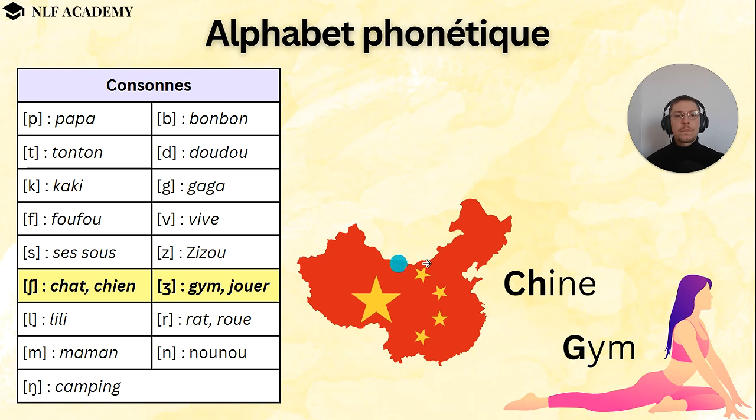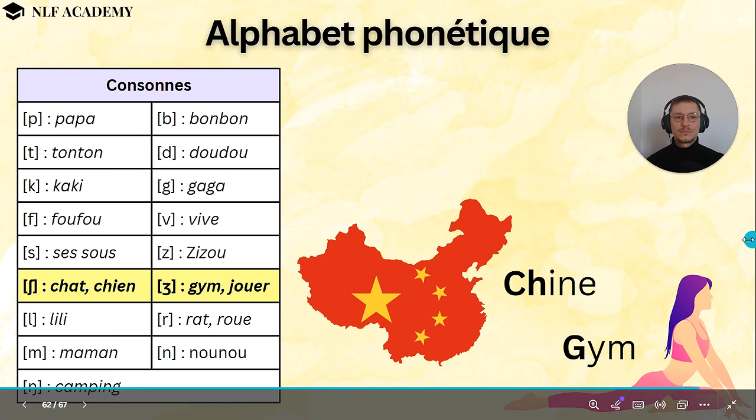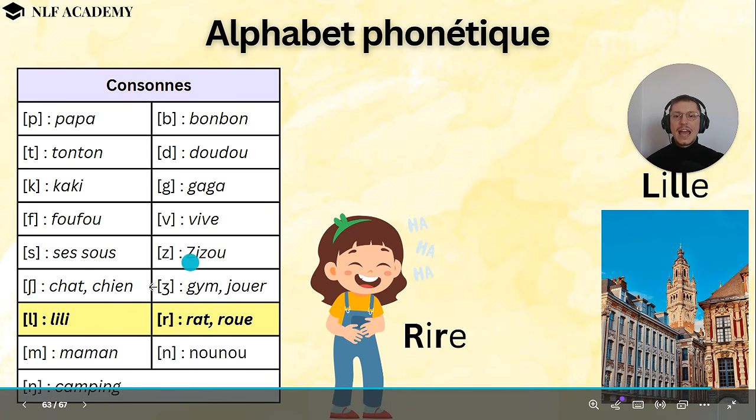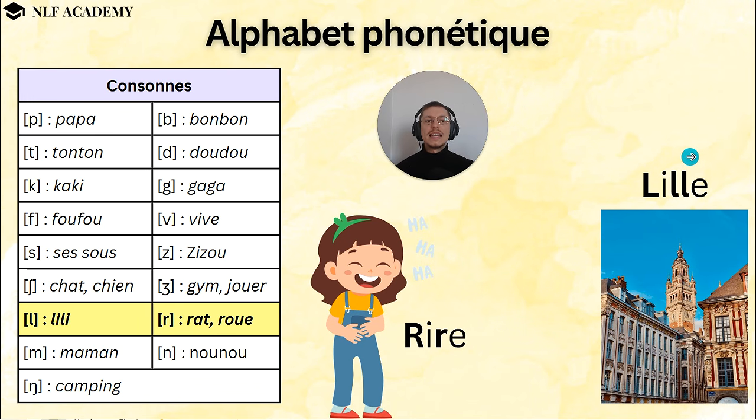Ch comme dans Chine. Chine. J comme dans gym. Donc Chine, gym. Très bien. L comme Lille.